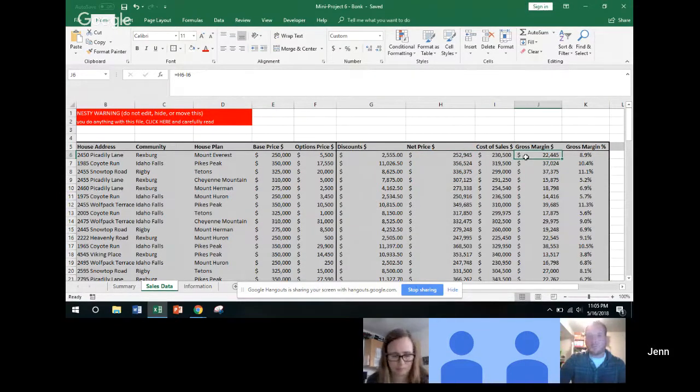Gross margin was just the net price minus the cost of sale. So basically the cost of sale is what it cost him to build the house. And then the gross margin percentage, you're just dividing. It's easy.